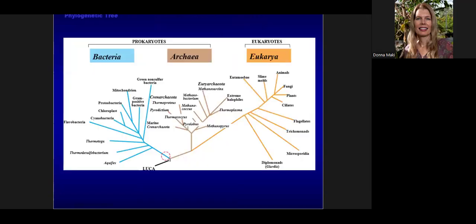And this is a partial phylogenetic tree, very non-detailed, but the three domains of life are listed up there. I couldn't get the circle to move because they wouldn't let me unlock that, but basically that little circle should be right here. So there's the base of your tree: LUCA, the last universal common ancestor. And then you can see the diversification, speciation coming off of that.